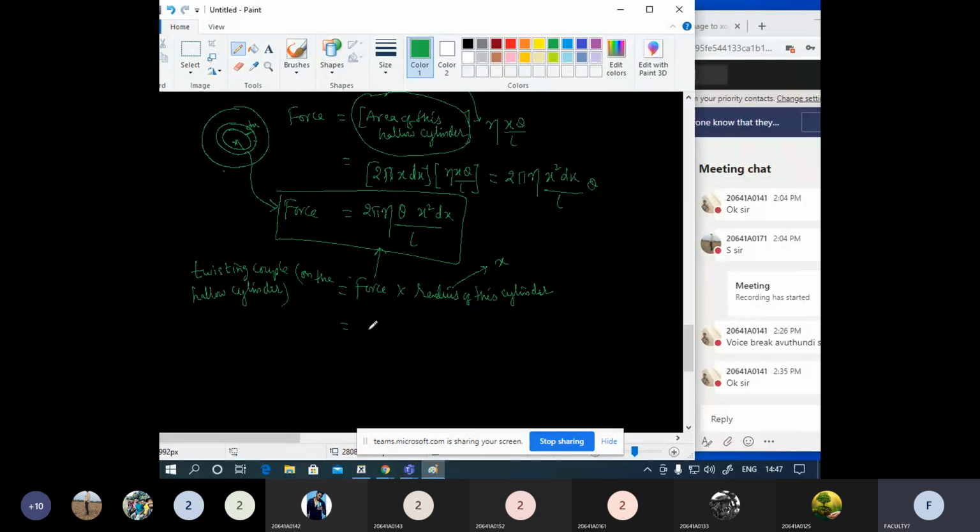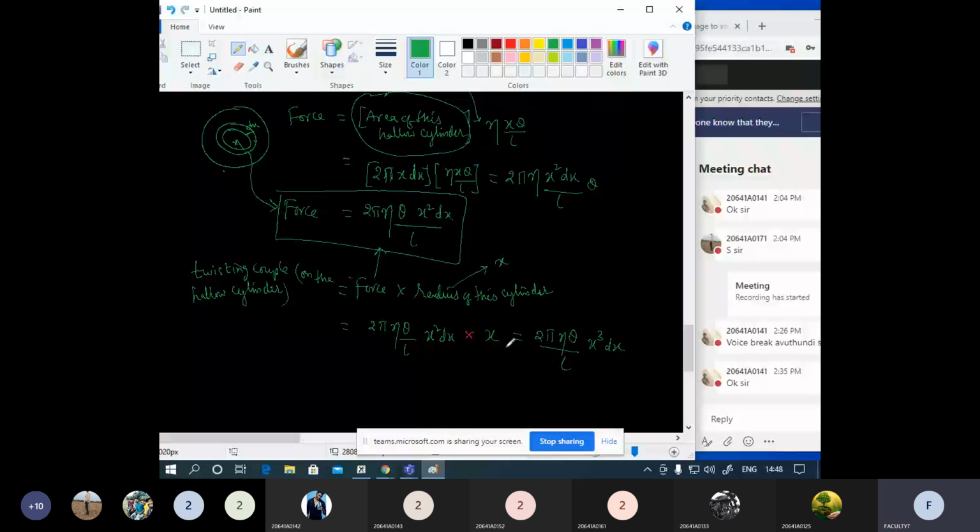Then what you are going to get? 2 pi eta theta by L, x square dx into x, which gives 2 pi eta theta by L into x cube dx.